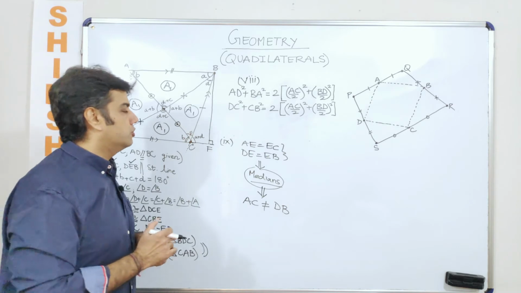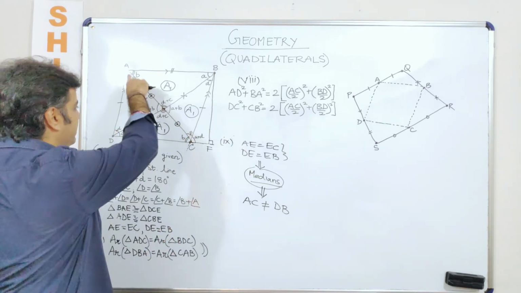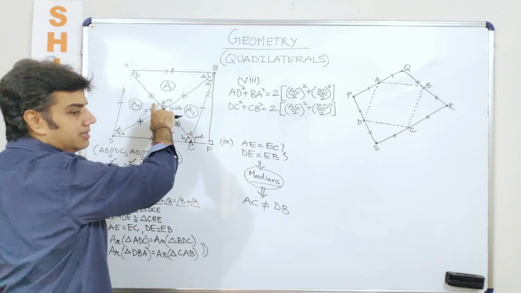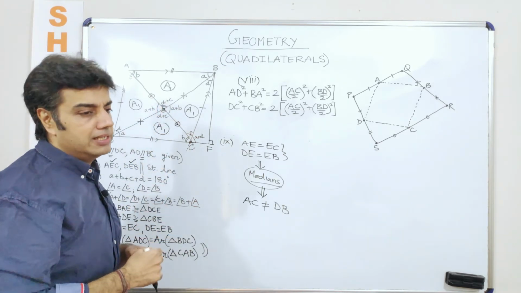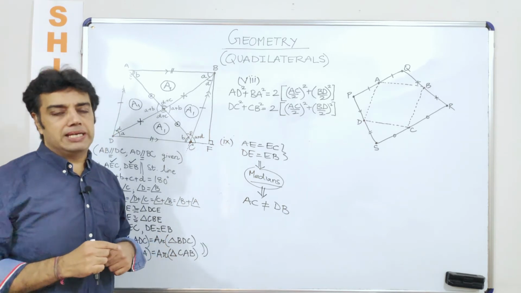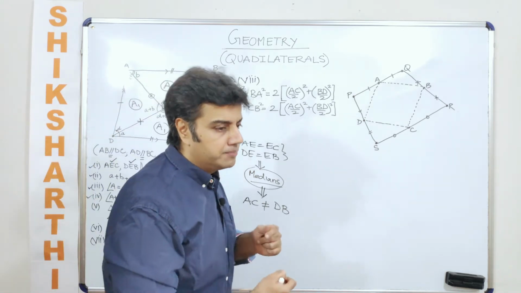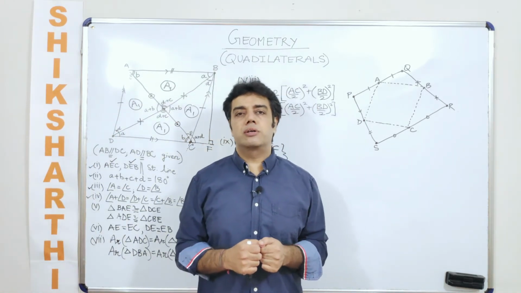So what is Apollonius theorem? Apollonius theorem is nothing but you are trying to relate the length of the square of the medians with the length of the square of the three sides of a triangle, which we have already established in the video wherein we talked about the medians of a triangle.